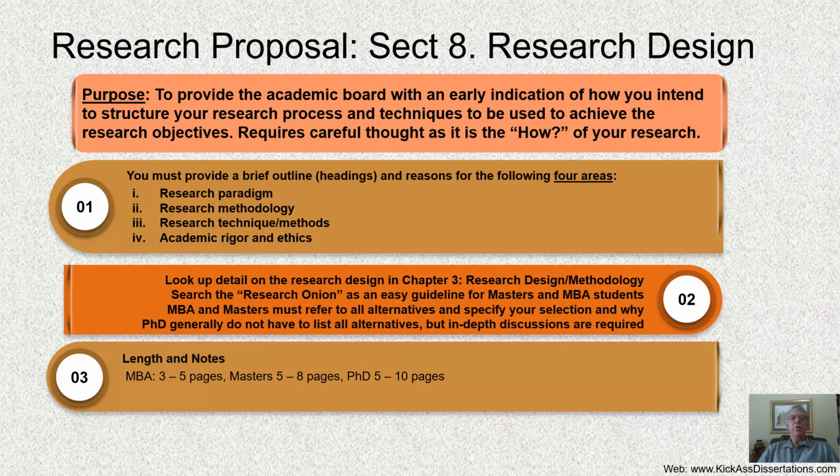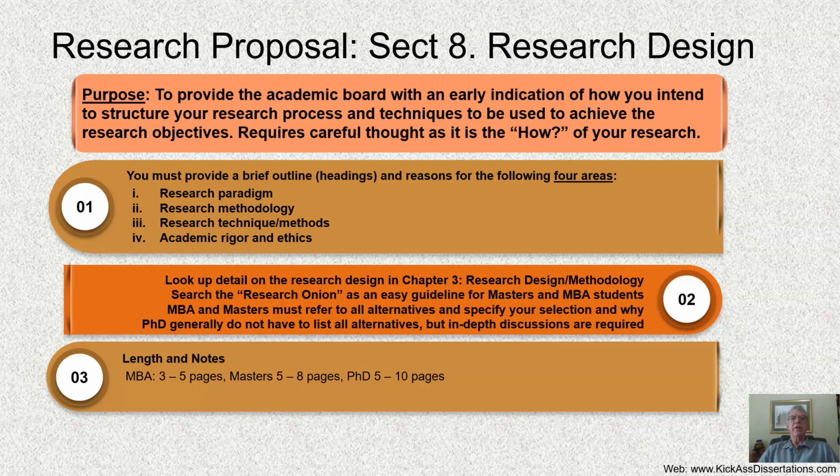A practical way to approach this is that there was a study that developed what is called a research onion. That is a very practical tool to help guide you through these 4 steps, or at least the first 3 steps: the paradigm, then the methodology, and then the techniques that are available to you.